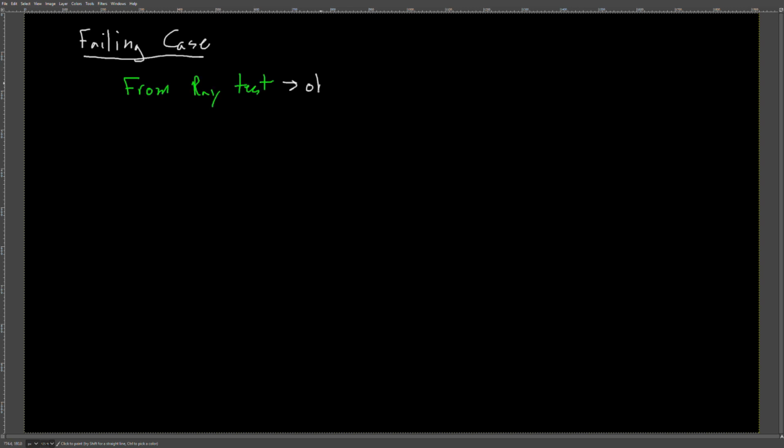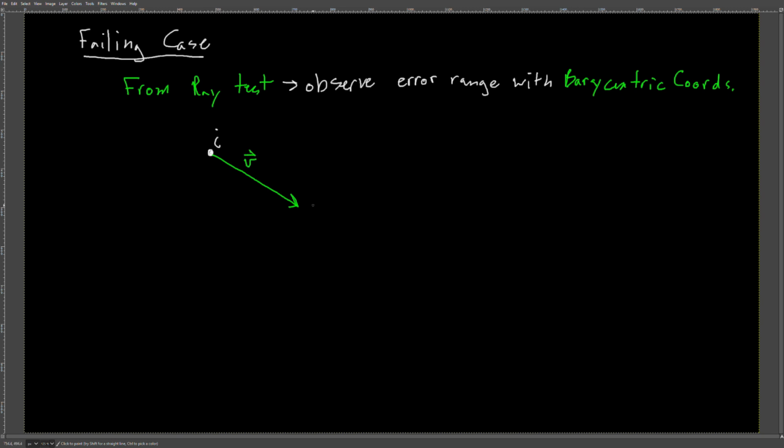So from our ray test, if our point lies within some range outside of the triangle, and we can test this because our ray test is actually giving us barycentric coordinates, so it's pretty easy to test where we are relative to the triangle.